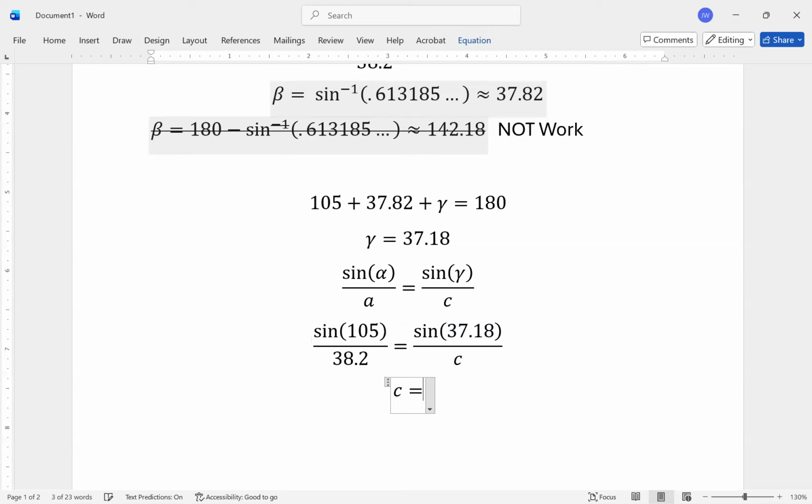And to solve this, we'd say C is equal to 38.2 times the sine of 37.18 degrees, all divided by the sine of 105 degrees.